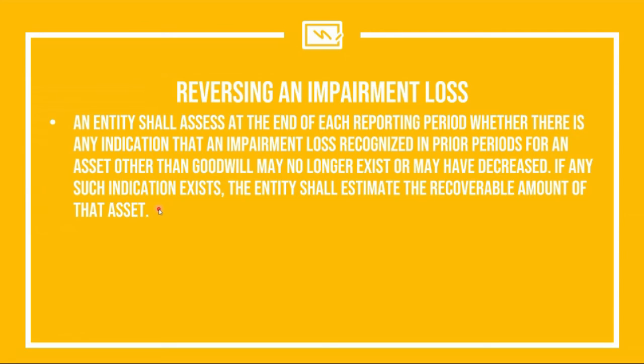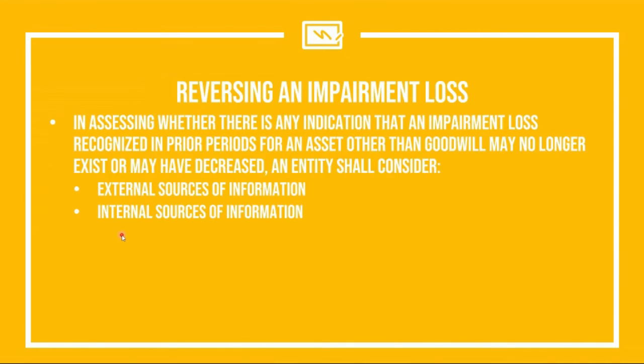And because there was an increase in recoverable amount, we need to recognize a reversal of impairment. According to the standard, an entity shall assess at the end of each reporting period whether there is any indication that an impairment loss recognized in prior periods for an asset other than goodwill may no longer exist or may have decreased. If any such indication exists, the entity shall estimate the recoverable amount of that asset.